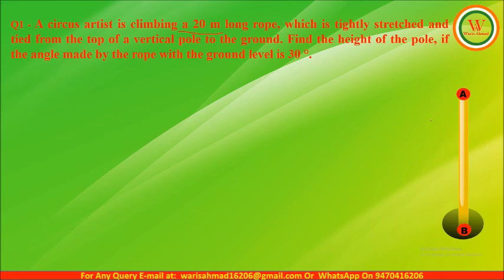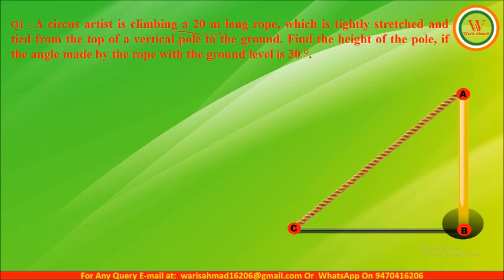ground. So let us consider a rope AC which is tied from the top of this pole to the ground. So AC is the length of rope and BC is the ground. Here the length of rope is given 20 meter.